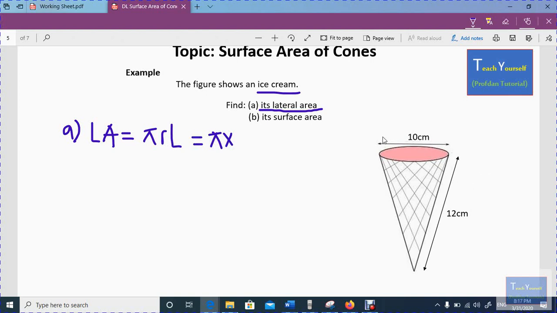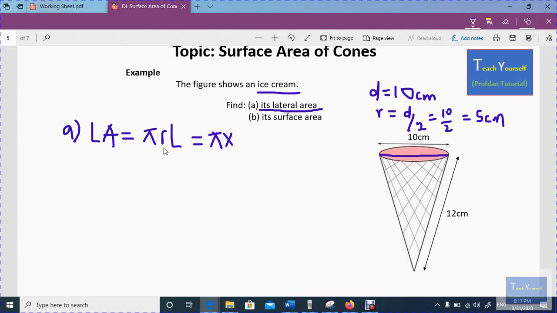The figure given here is 10, which stands for the diameter of the cone. The diameter is 10 centimeters, and to find the radius, it is simply diameter over 2. So the radius value which we need is 10 over 2, which gives 5 centimeters.